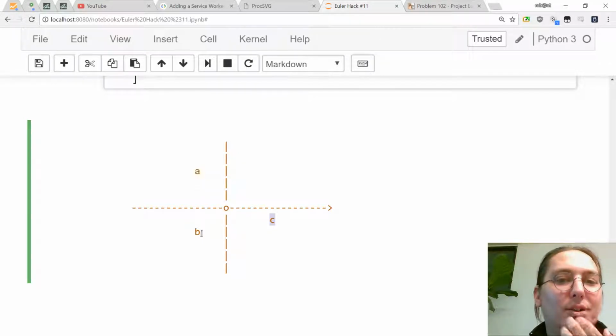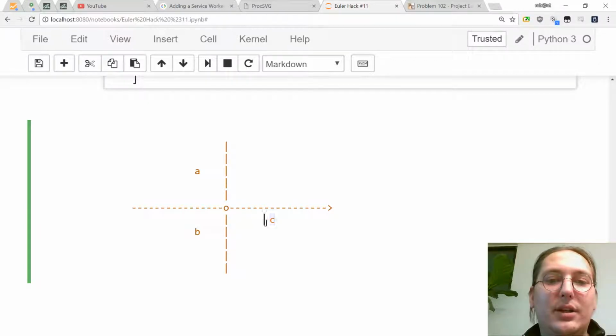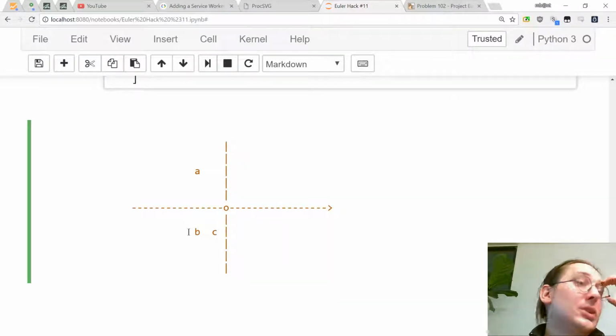My ASCII art fails me, but maybe I can draw. I think you can picture the line here. So in this case, this would be a triangle we want, and if it's like this, then the triangle is outside, the origin is not inside the triangle. So this is one of the triangles that we want to not count.